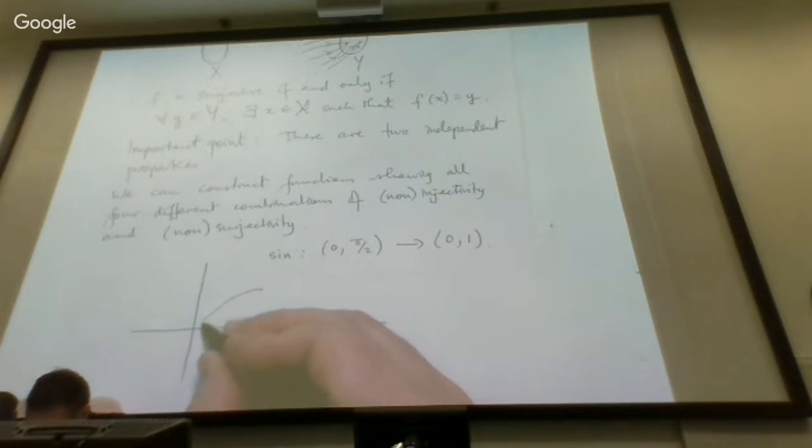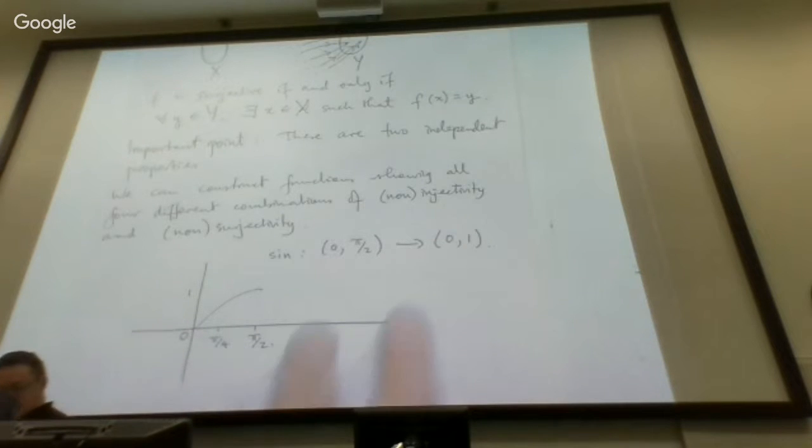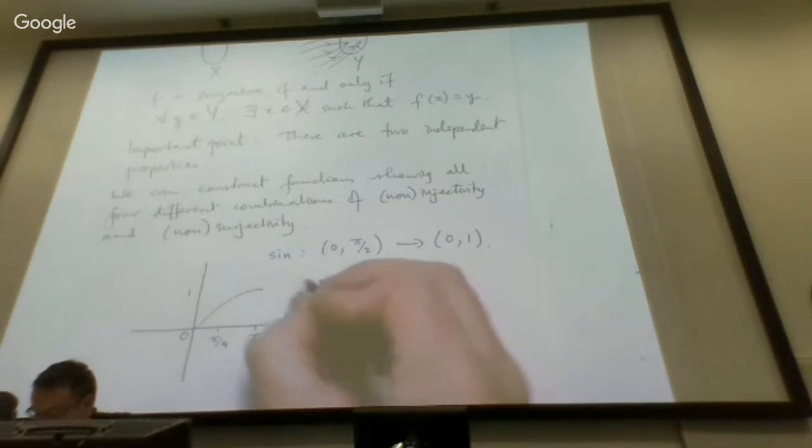So the sine function there kind of goes like this: 1, 0. So this is injective and surjective.